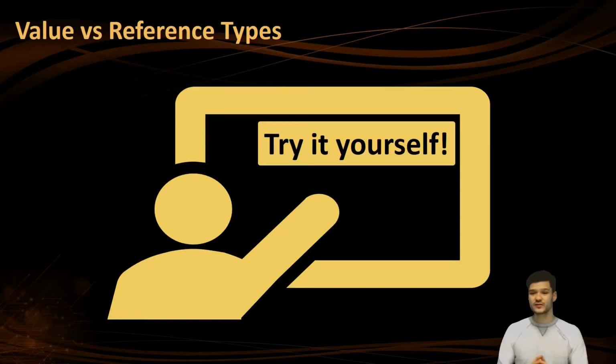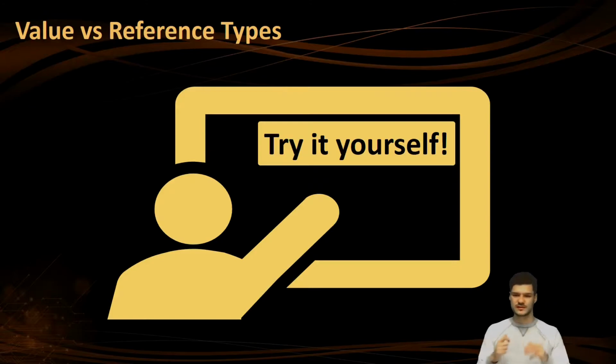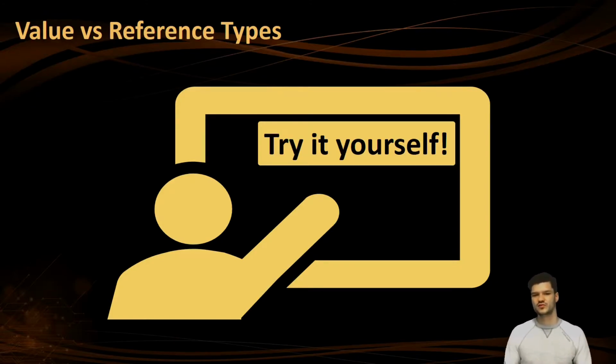So please try it yourself. Do the exercise 1 or 2 times. Use the debugger as well to see all the steps and to see that if we use a reference type, we use the same object and we don't copy it, but we just write to it.